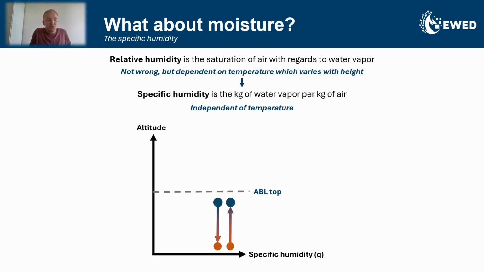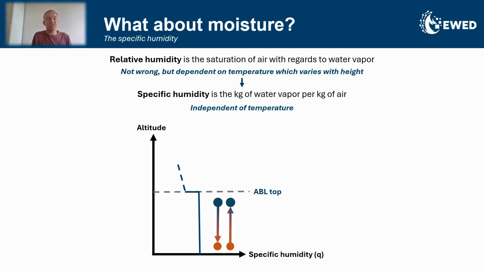And this means that the water vapor is very nicely equally distributed throughout the domain, resulting in a straight line within the atmospheric boundary layer, basically meaning that the specific humidity is constant over altitude.